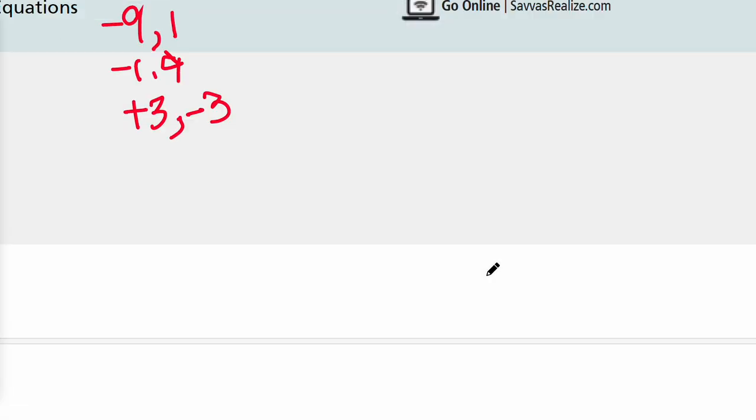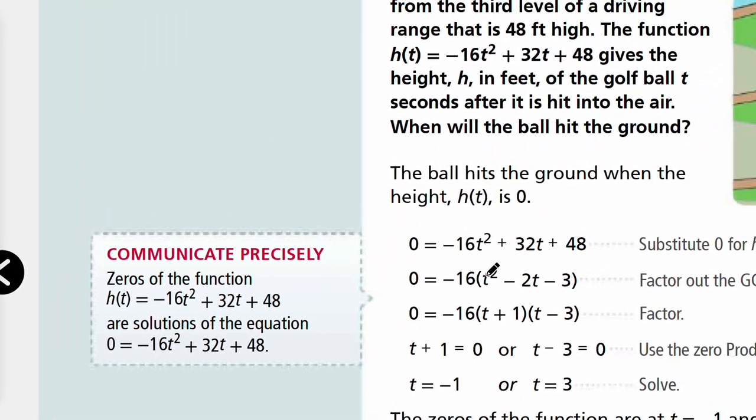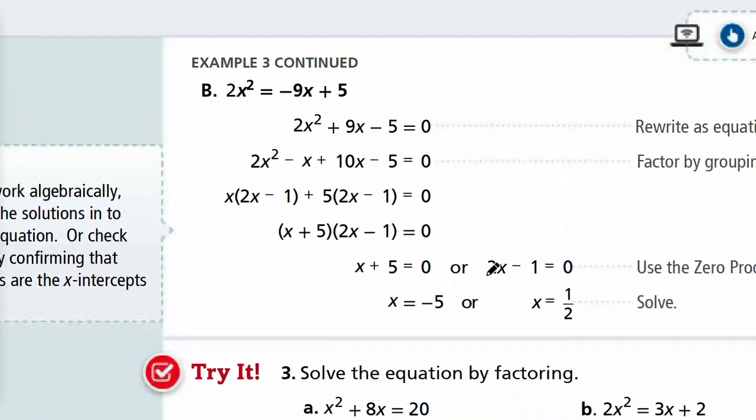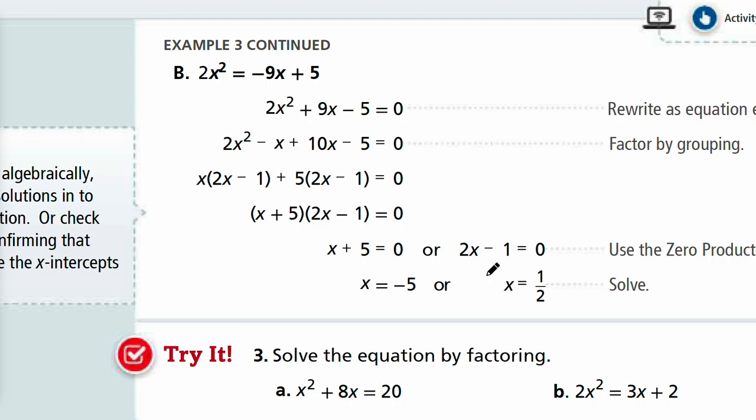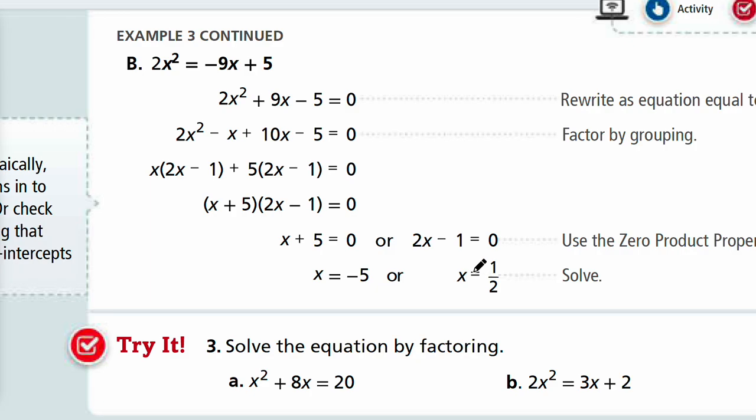In example 3 continued, part B: 2x squared equals negative 9x plus 5. In this case, we have a coefficient in our first term, the quadratic term. That means we have to have 2x times x.